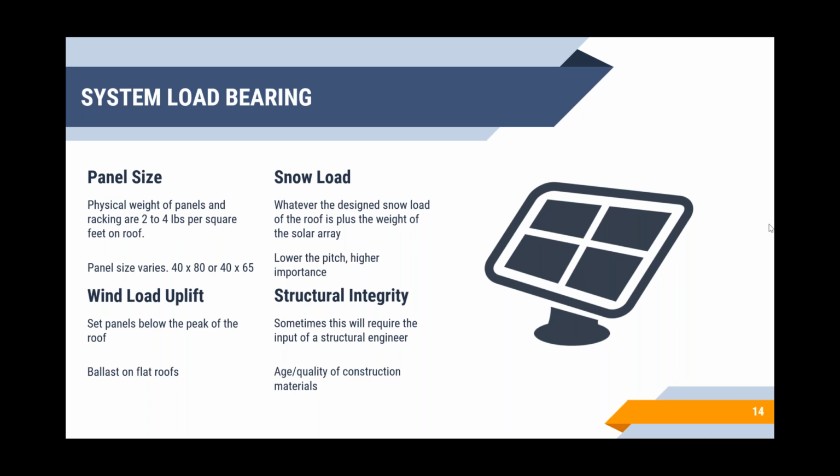Then snow load, it's obviously something more for our mountain and northern climates. It really doesn't affect a whole lot. However, to the best of our knowledge, it really just affects wherever there's not a module or a panel. If you have a large array, for example, on a tilted roof, and all the snow slides off that array and falls in between arrays, and you have a very wet snow, that's when it could become an issue.